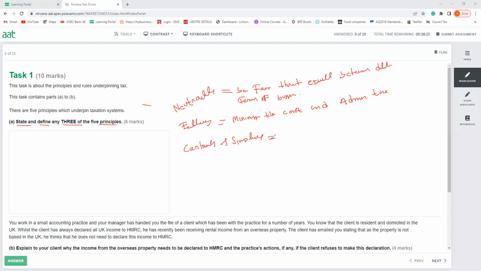Certainty and simplicity is all about making the tax rules very clear to everyone and making it easy to understand. So clear and easy to understand. Next one we have effectiveness and fairness. Here we look at the taxation amount being right at the right time.